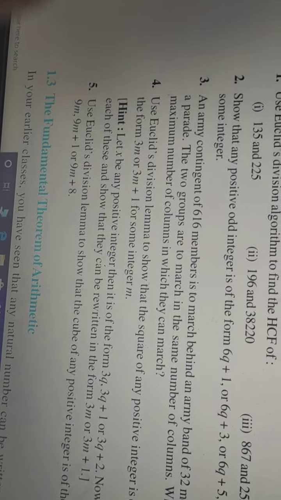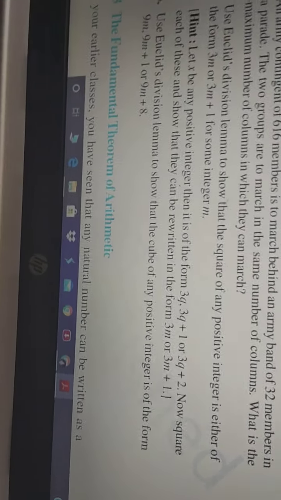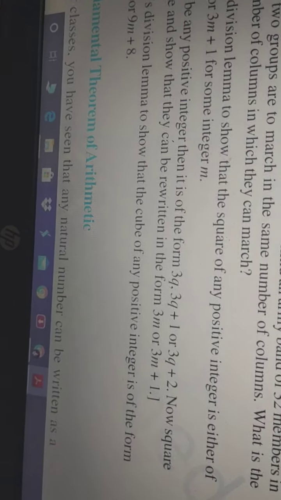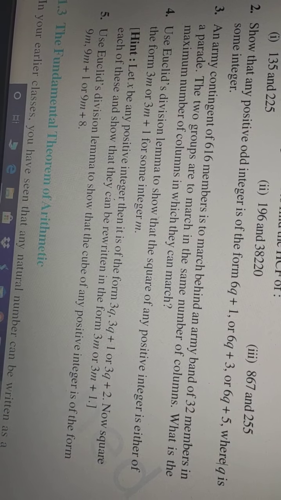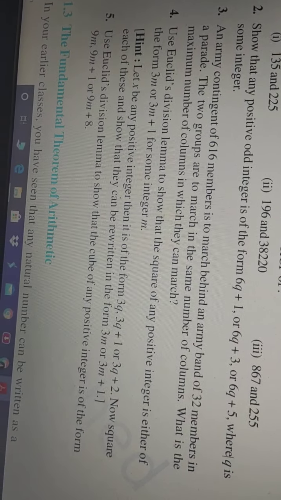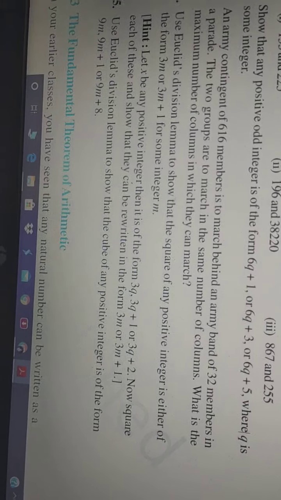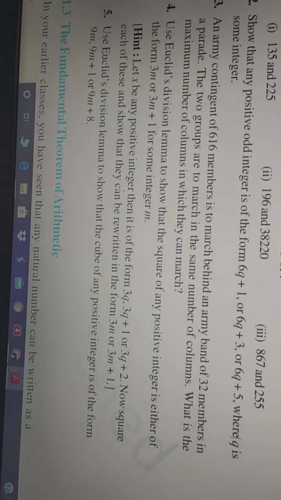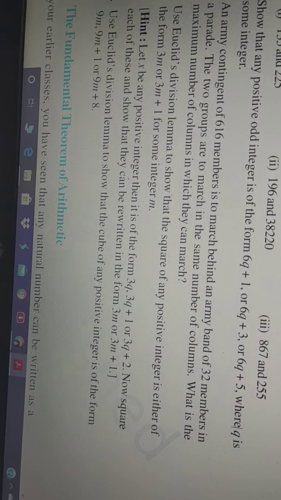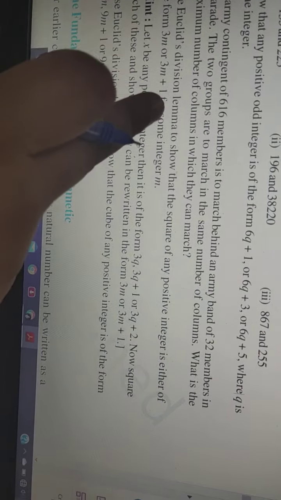Now question third. But they already said you use Euclid division lemma to show that the square of any positive integer, any positive, but here it is not mentioned that even positive integer or odd positive integer, is either of the form 3m or 3m plus 1 for some integer. But what I told you, whenever they give us the condition. Now here it is already given Euclid division.